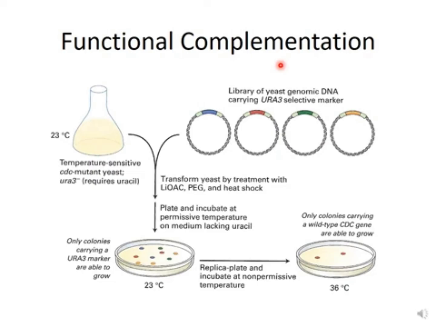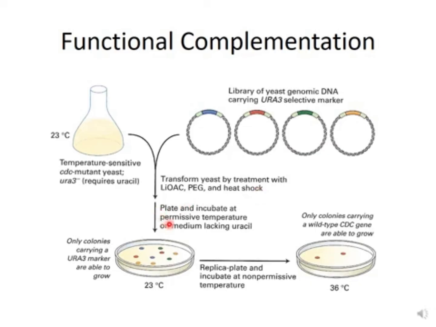If you remember, in the complementation test, we had a temperature sensitive mutant. If you remember, we had the permissive and the non-permissive temperature. So we transformed the yeast cells by treating them with LiOAc, PEG, and a heat shock, so not with calcium chloride as we do with the E. coli.